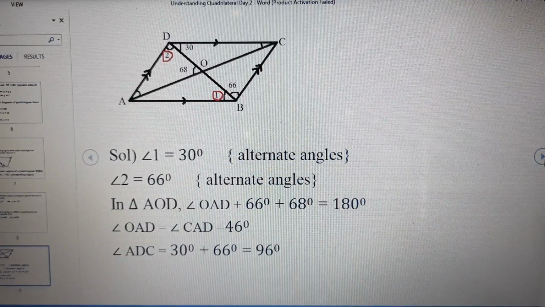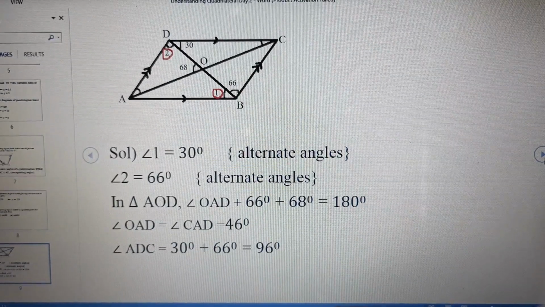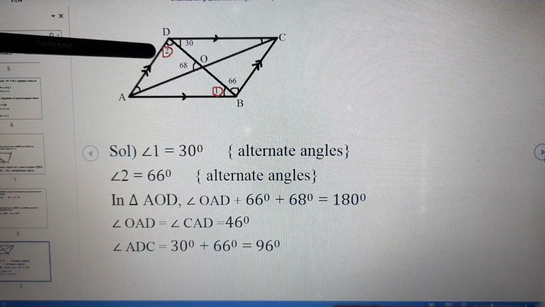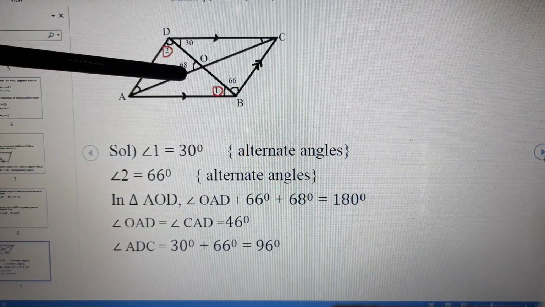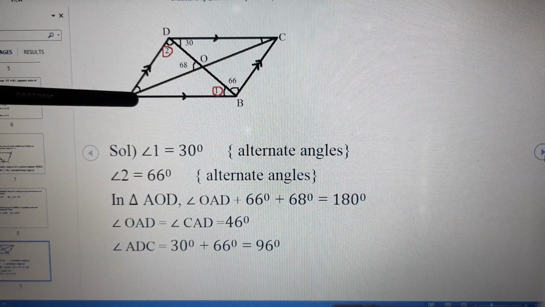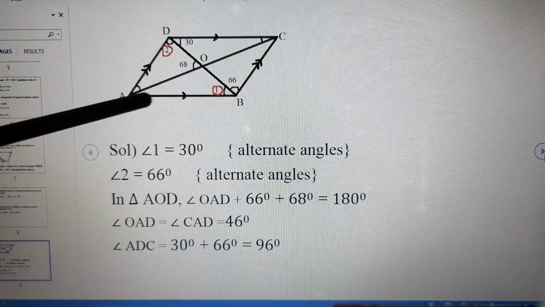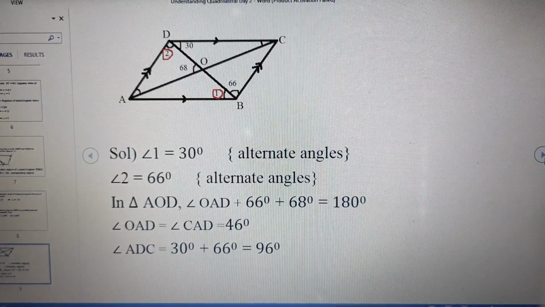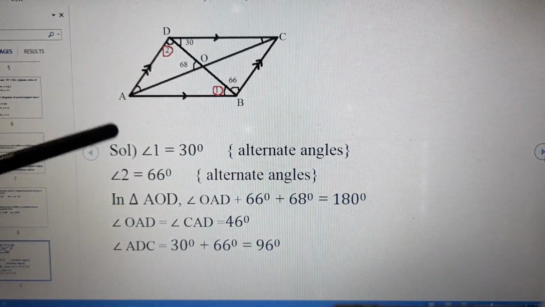Now, in this triangle, in triangle AOD, we know two of the angles. One angle is 68 degree and this angle number 2 is 66 degree. We can calculate this angle, angle OAD. Either we name it as OAD or we take it as CAD, both are the same because OAC lie on the same line.